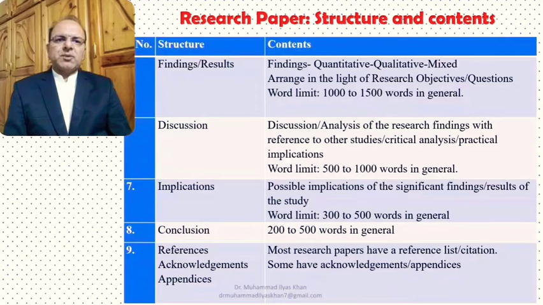So the findings could be quantitative and they might be presented in the form of tables. The findings might be qualitative, and so they might be presented in textual form. The important thing is that these findings should be substantial and clearly presented, and in order to clearly present findings, we need to present them keeping in view our research objectives and research questions.